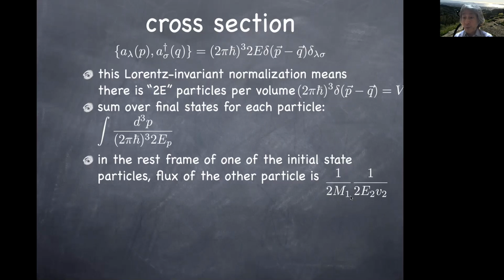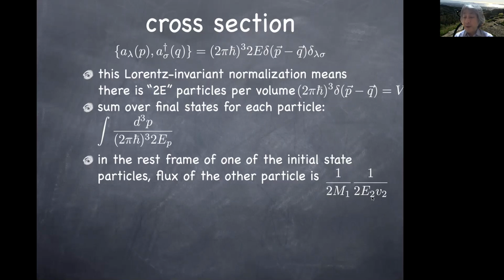Again, I'm setting c to 1. So the initial state has 2m1 particles in it. So the flux factor should be the inverse of this. And for the second particle, that's moving and trying to hit the target, it's not rest energy, but includes the kinetic energy in it. So you divide it by 2e2 for the second particle.